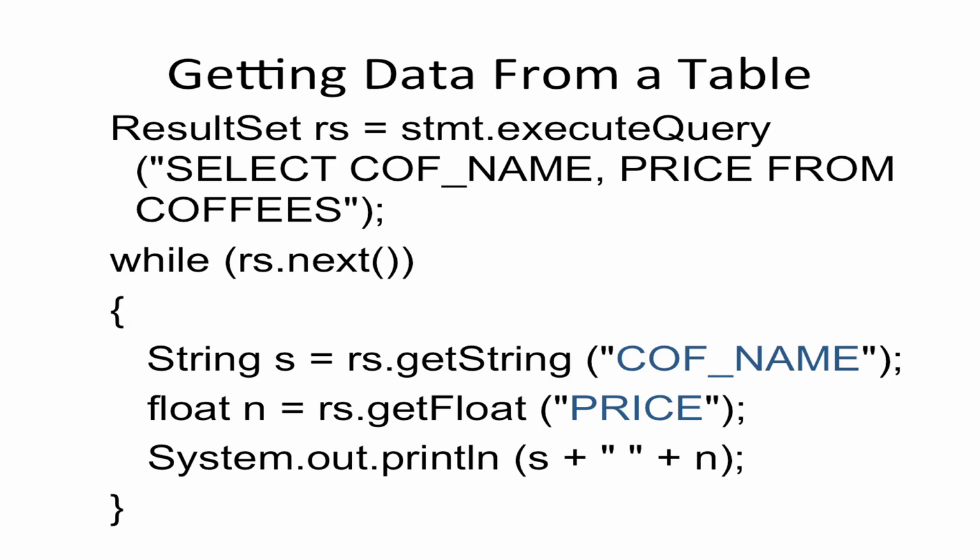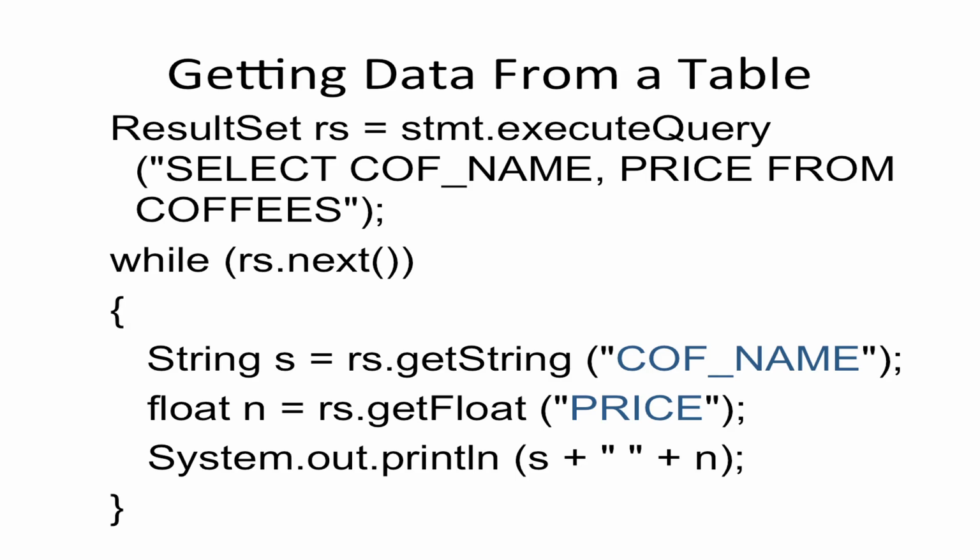So here we have mentioned rs.next, String s equals rs.getString coffee name, and float n equals rs.getFloat price. By writing getString, getFloat, getInt, we will access the value of the field.